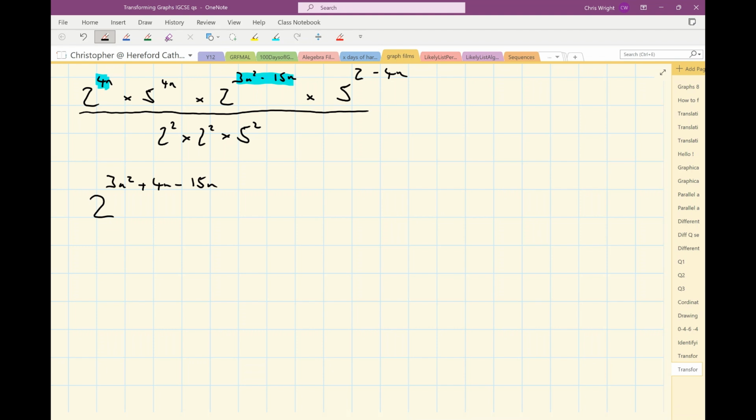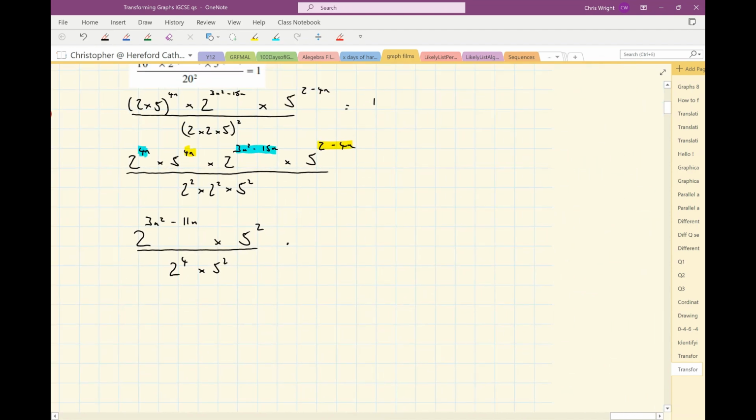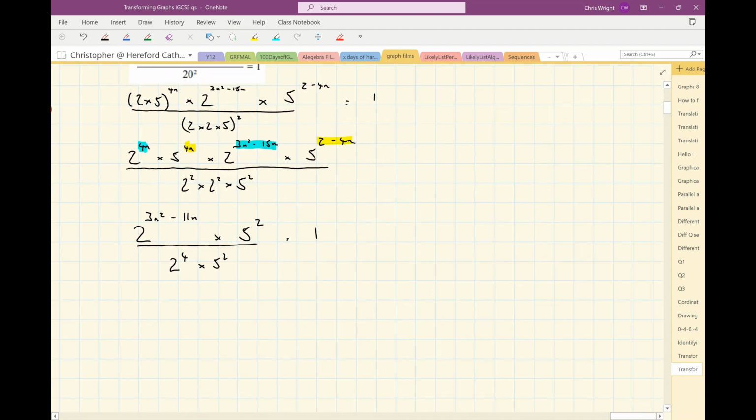Okay, well that is 2 to the power of 3n squared minus 11n. And I've also got 5 to the power of 4n plus 2 minus 4n. So that's just 5 squared, all over 2 to the power of 4 times 5 squared, and that equals 1, of course.